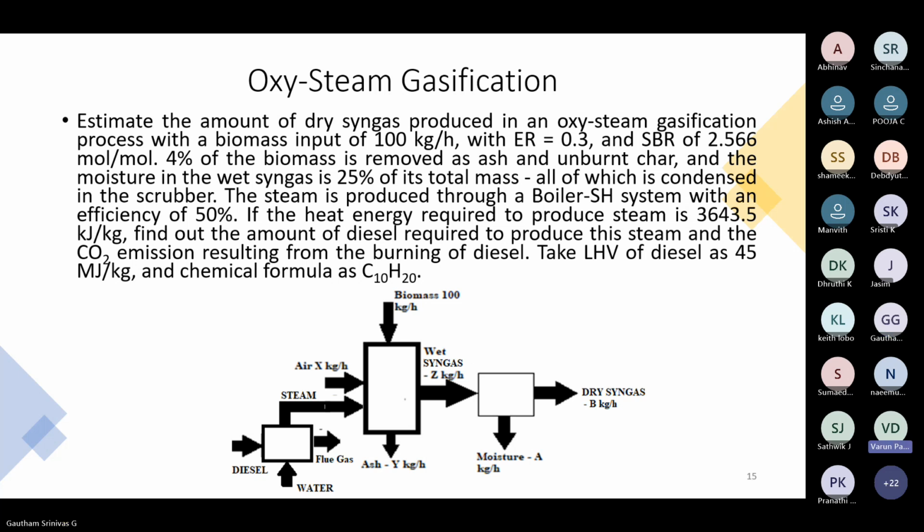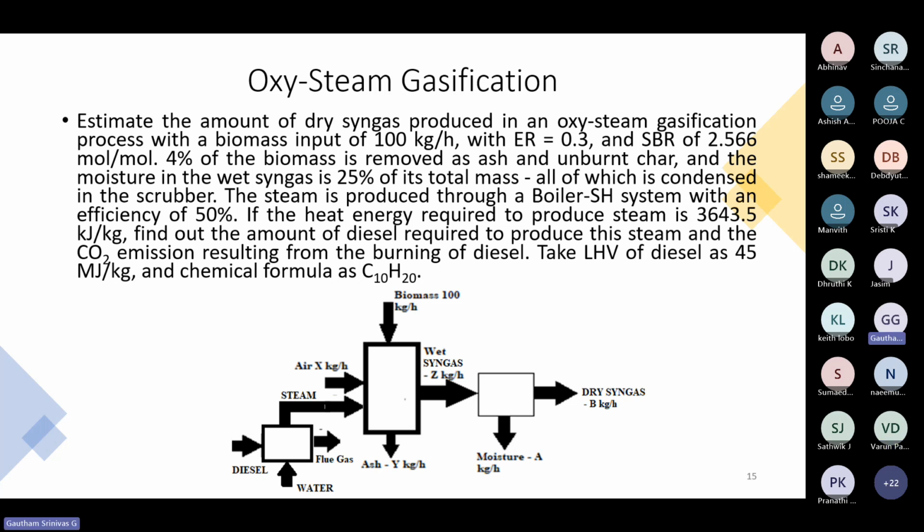Now establish the mass balance for the scrubber, where you are removing the moisture. Your input is wet syngas. Your outputs are dry syngas and moisture.